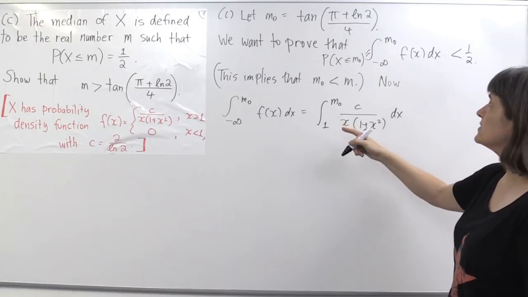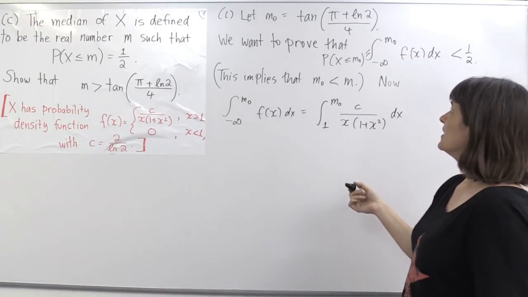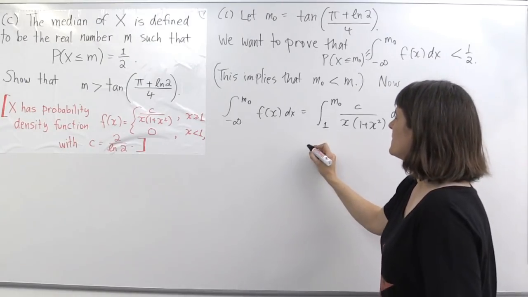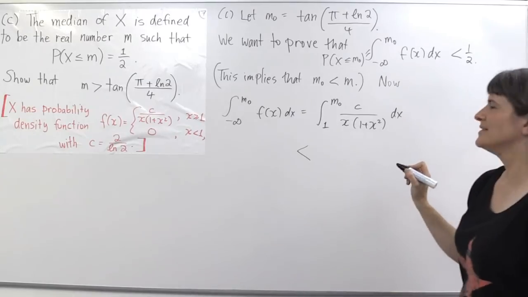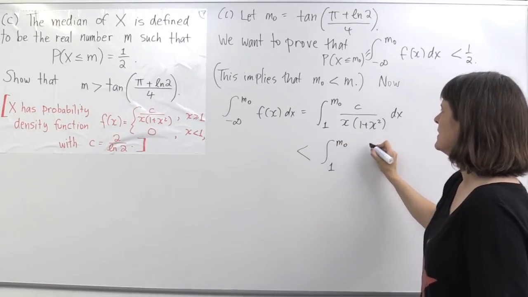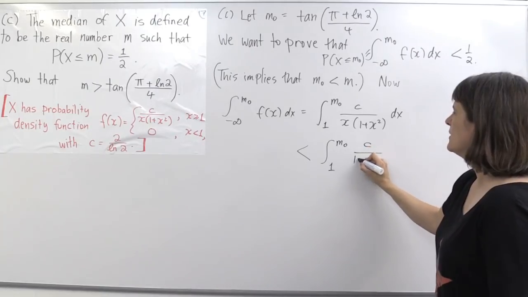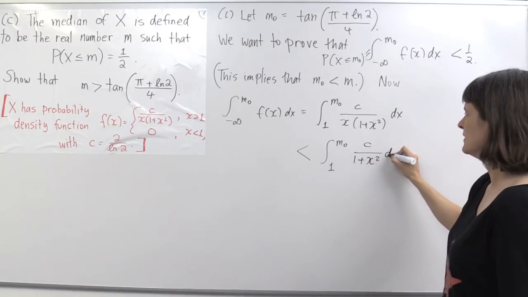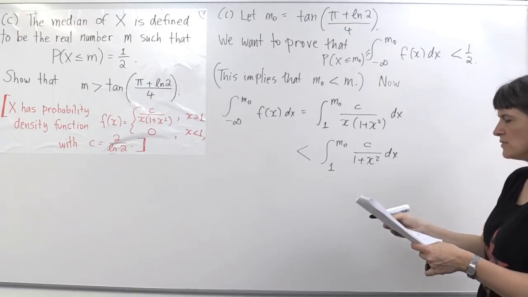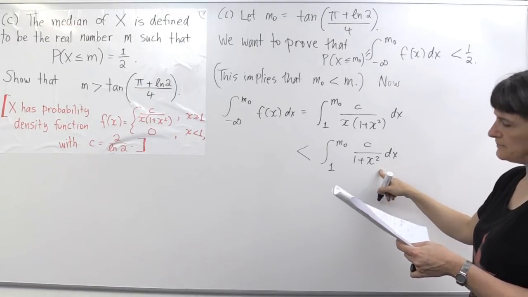So because m0 is strictly bigger than 1, I assume this is strictly less than the integral from 1 to m0 of c over 1 plus x squared dx. And this we recognise, we used it before, this integral is inverse tan.